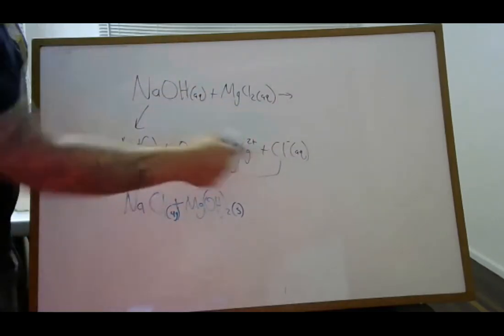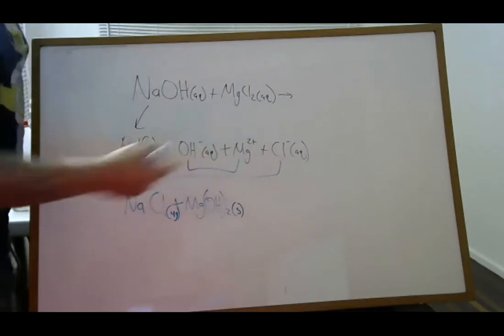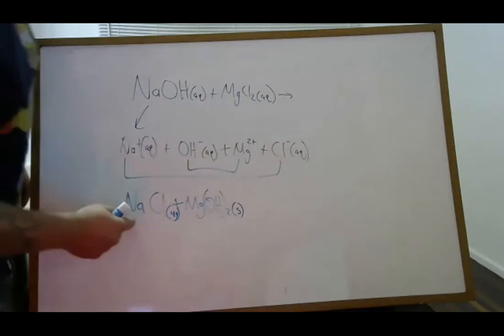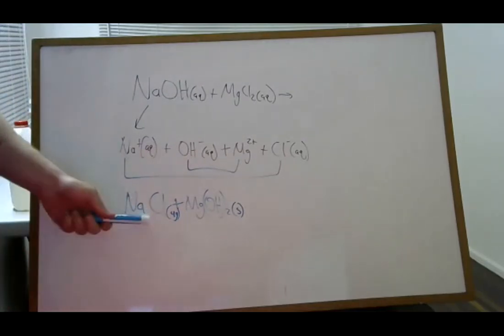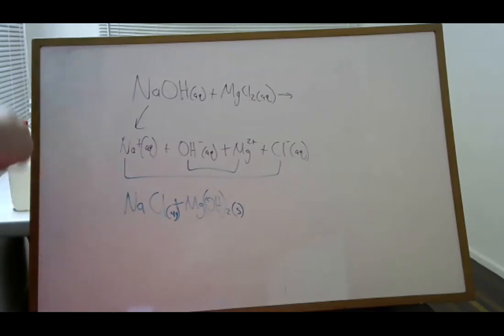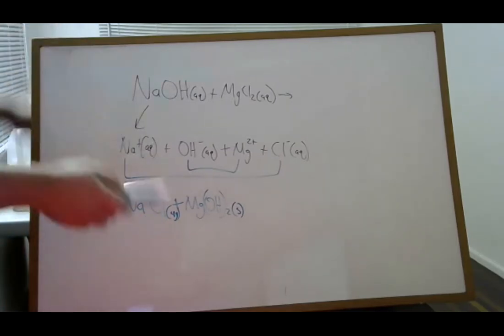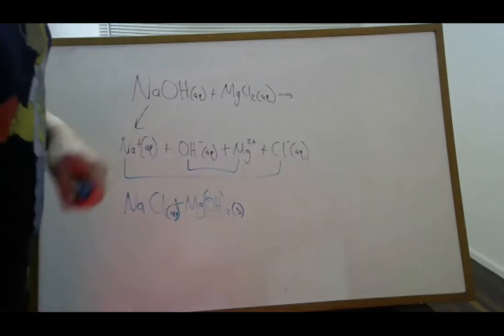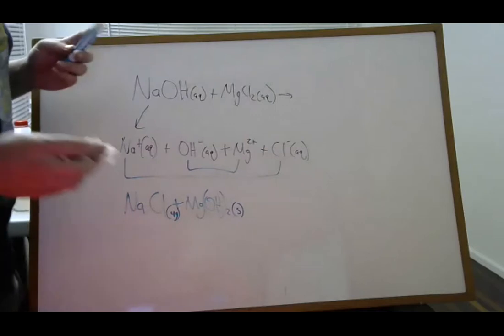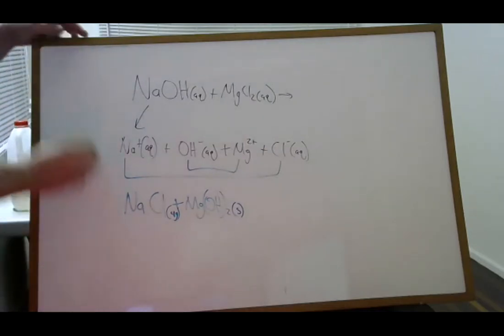They will then reform with this double displacement to form salt and magnesium hydroxide. Table salt is soluble. Rule number 8 says that all hydroxide salts are insoluble. So they will form a solid precipitate.